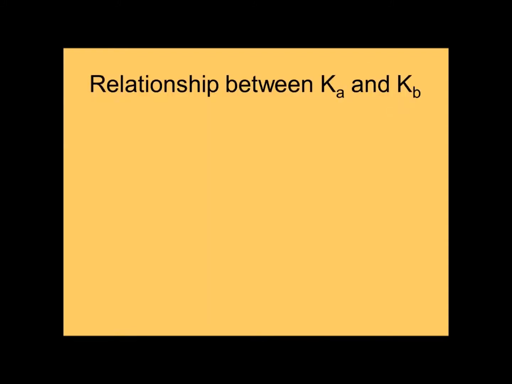All right, a relationship between Ka and Kb. So what I'm going to do here is write out two reactions. Reaction number one is an acid, so I'm going to give it a chemical name. There's its conjugate base. And then I'm going to write what the conjugate base does in water.